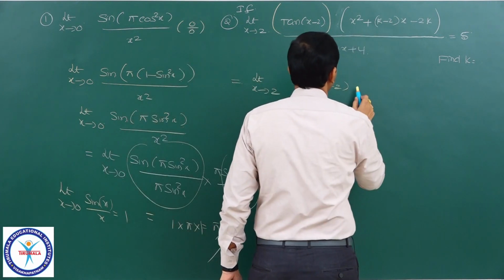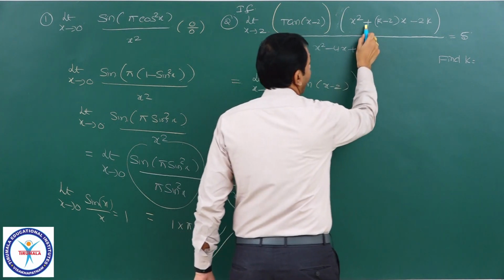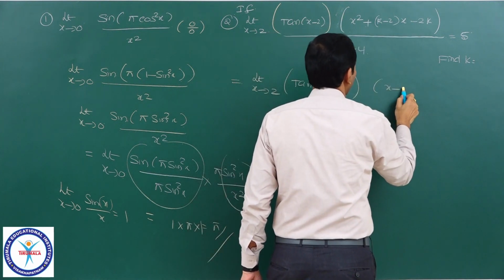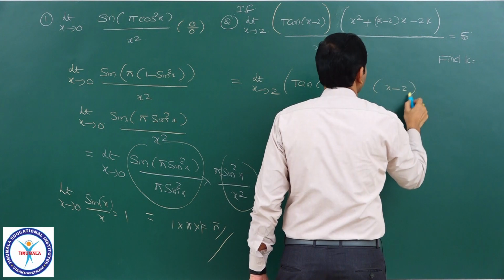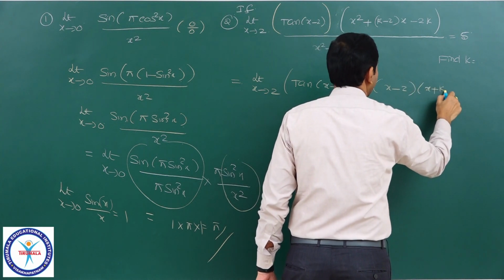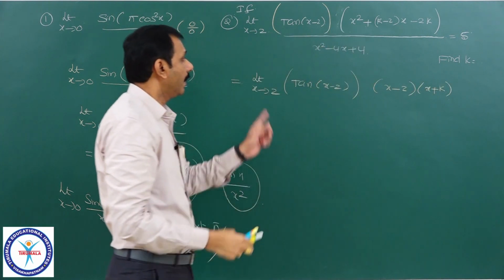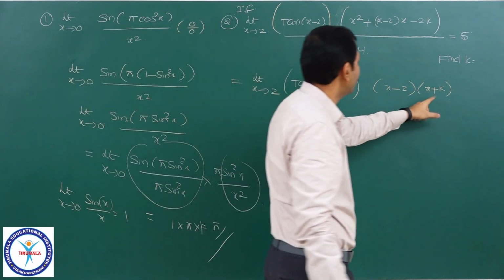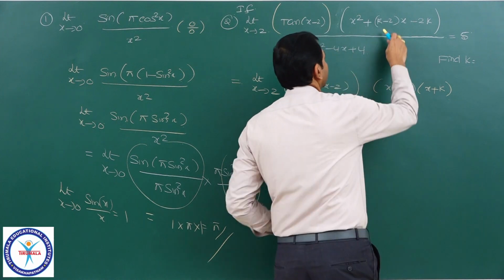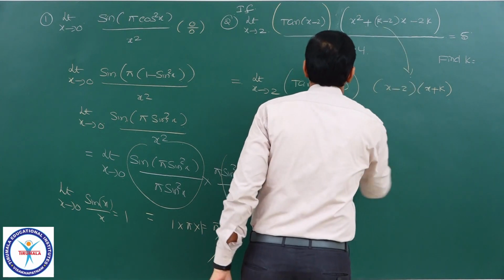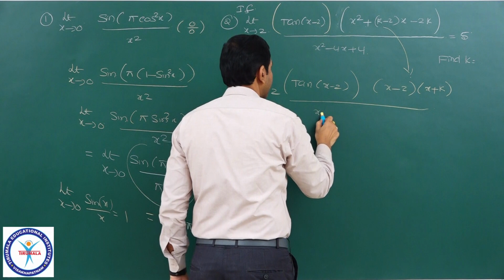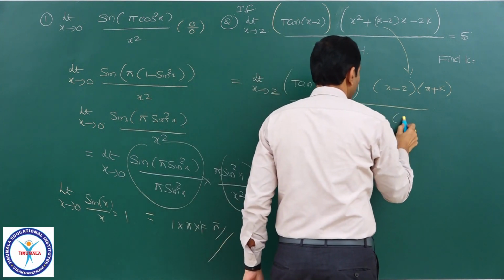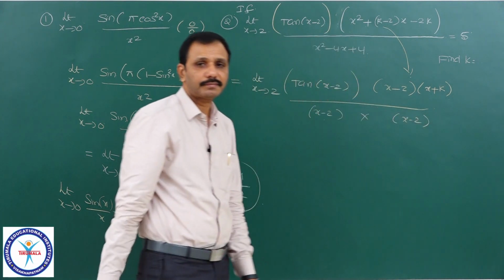And what about this one? You try to write factors for this one, they are nothing but x minus 2 into x plus k. You observe, x square plus kx minus 2x minus 2k, these are the factors for this term, and the denominator x minus 2 whole square is there, I wrote 1 x minus 2 here, 1 x minus 2 here.